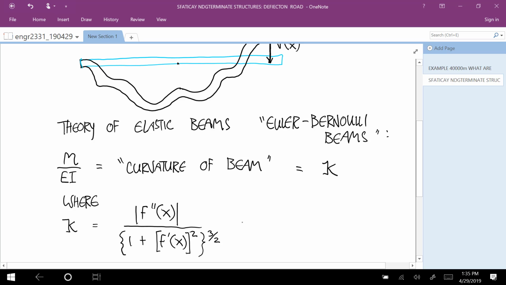Okay, so that's the definition of the curvature of a function f of x.